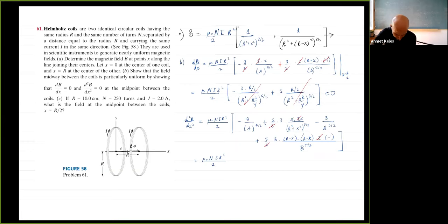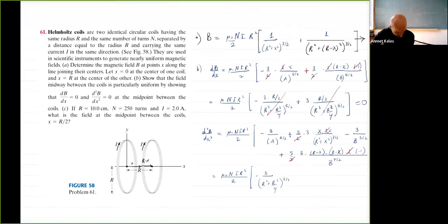A and B are going to be the same at x equal to r over 2, so let's write it: plus (r squared plus r squared over 4) to the 5 over 2. So the last one is what?